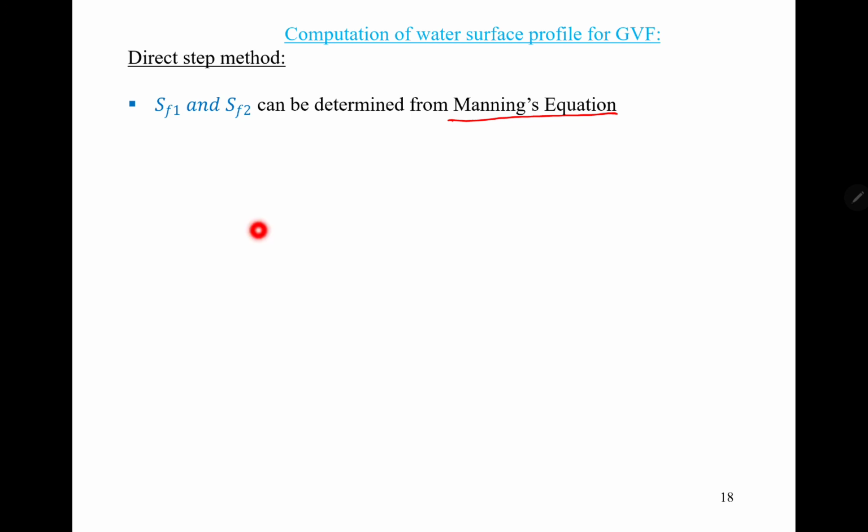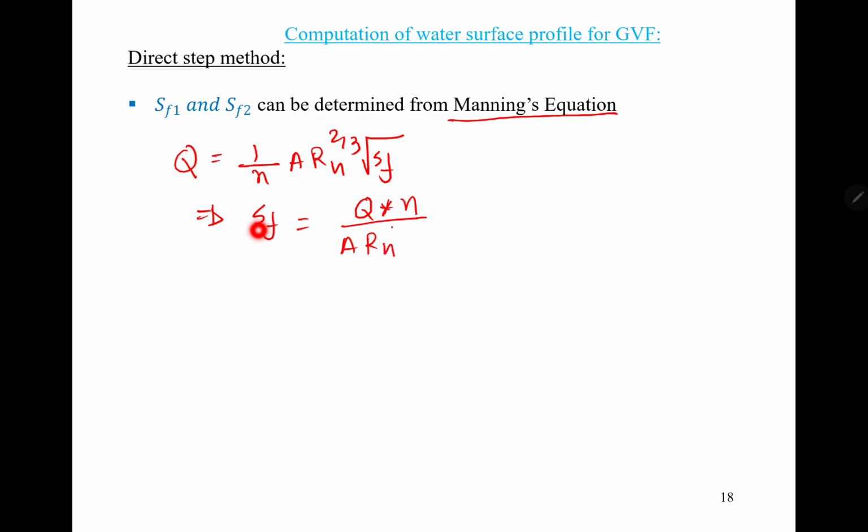If you remember Manning's equation for the SI system, Q equals 1 over n times A times R_h to the 2/3 times square root of S_f. So you will just rearrange for S_f in terms of Q and n. That is the S_f, and you can do that for section 1 and section 2.